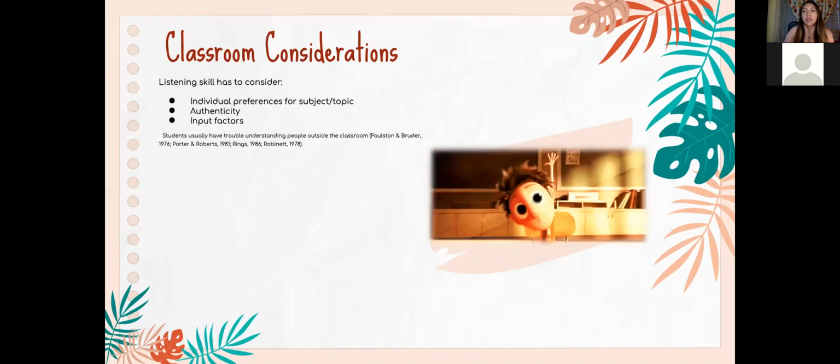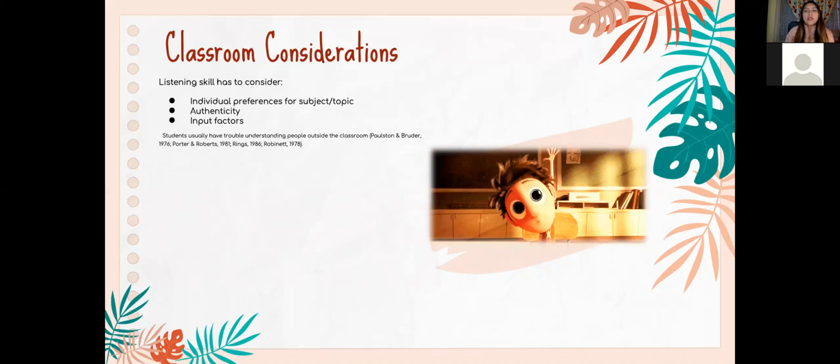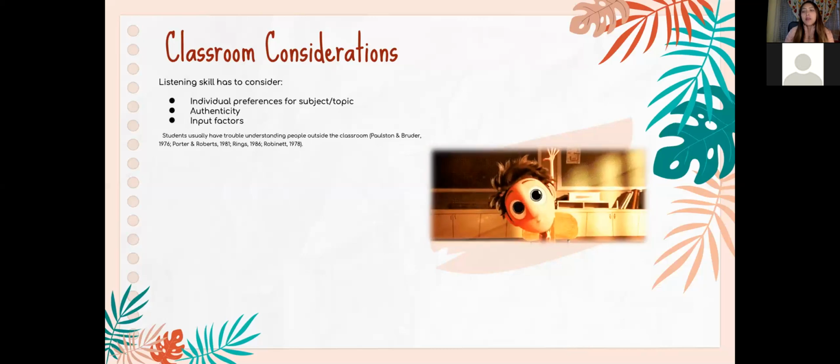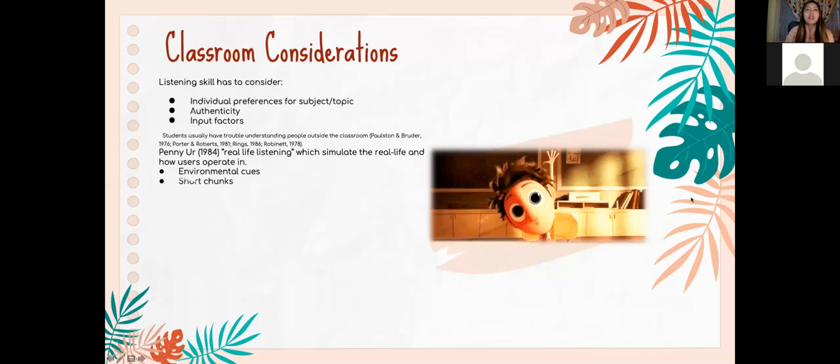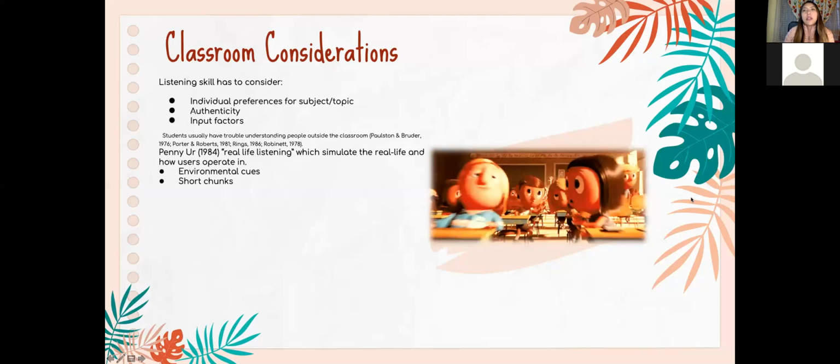It explains that when students are in class, they understand a kind of English, but when they are outside, they have many problems understanding people who talk in native language.